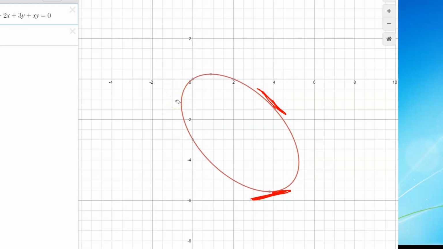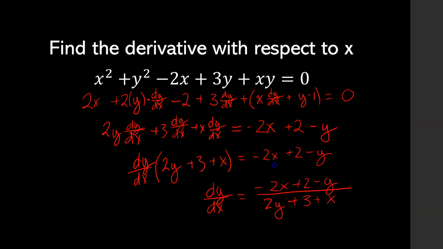However, if we know the ordered pair, like 4, negative 1.5, or 4, negative 5.5, whatever that is, those ordered pairs would give different slopes, and that's almost like a function. Well, it is a function, but usually we like functions to have just one input variable.